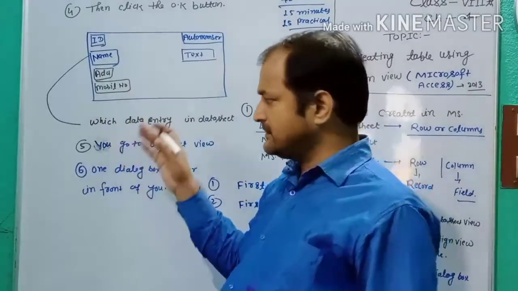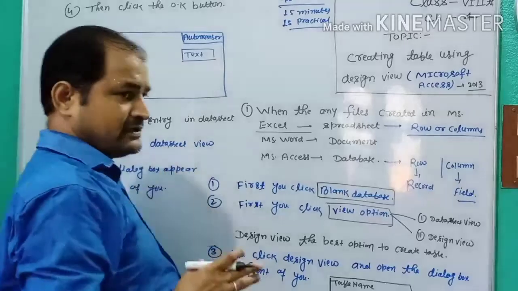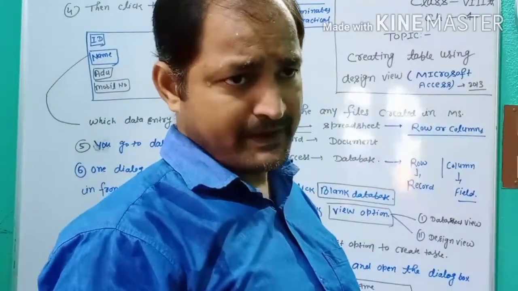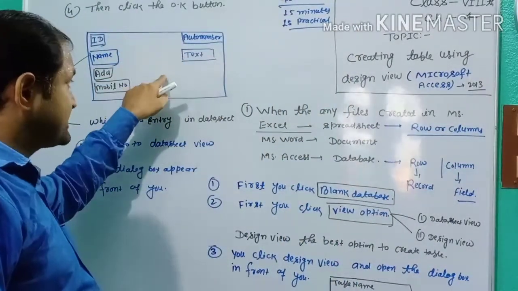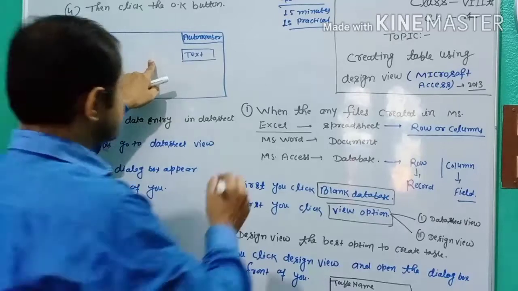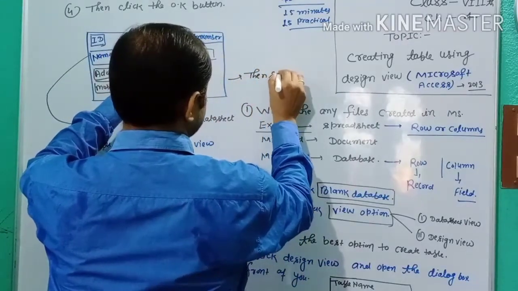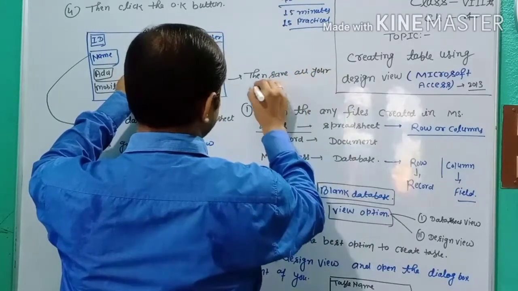If you do not save, the data will not open. So first of all, all the data is entered in this area and then save. Then save all your data.